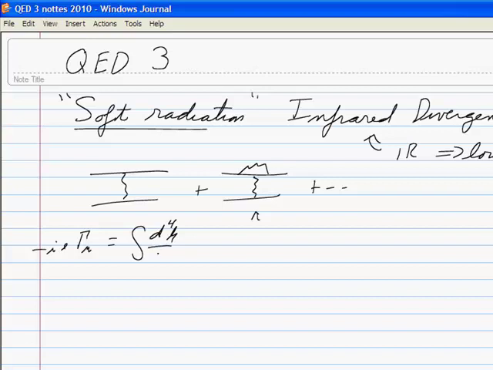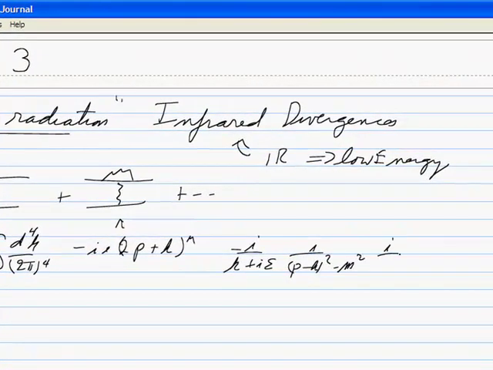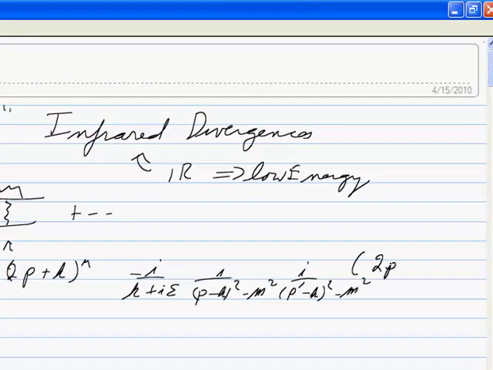So it's integral d4k over 2 pi to the fourth, and you get minus ie (2p plus k) mu, minus i over k squared plus i epsilon, i over (p minus k) squared minus m squared, i over (p prime minus k) squared minus m squared, and then another factor of (2p prime plus k).